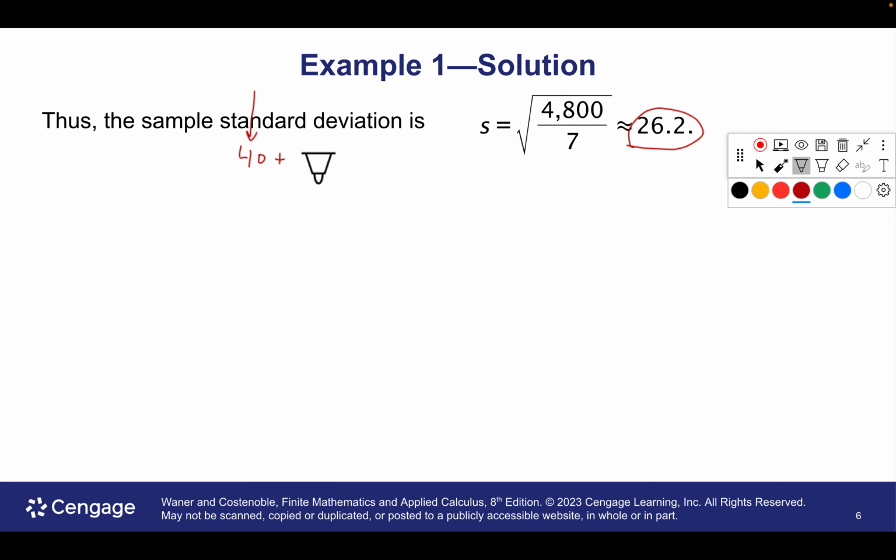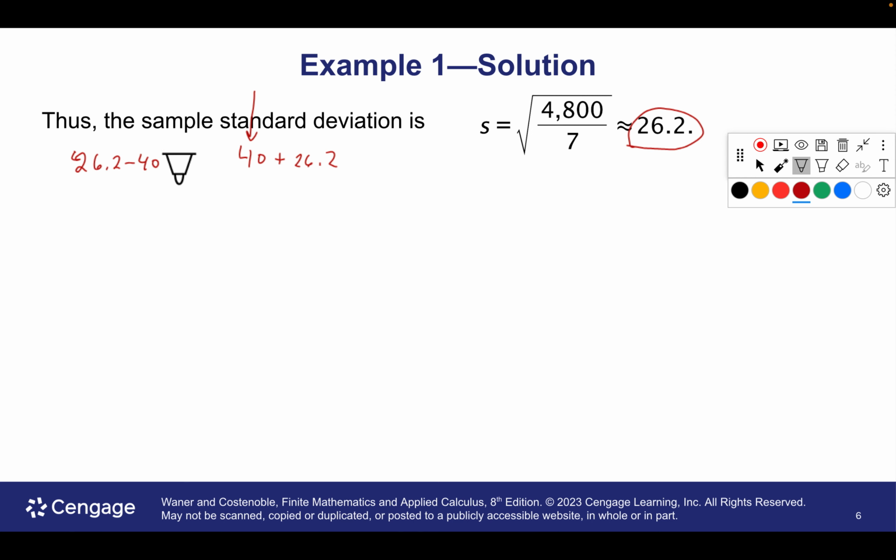And if we add 26.2 and we subtract 26.2, actually that's not a good way to do it. We'll do 26.2 minus 40.